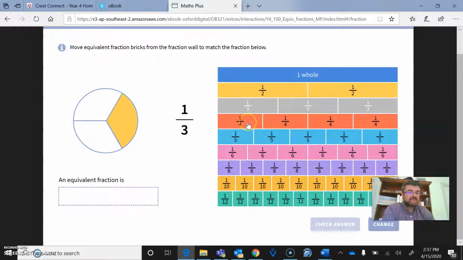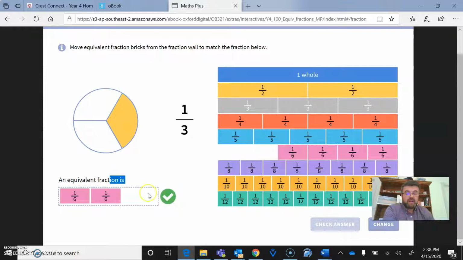So a third is actually larger than a quarter. And a third is actually larger than 1/5, but not as large as 2/5. So if I keep going down, the first thing I'm going to notice is, aha, look at that. Actually, 2/6 is the equivalent of 1/3. Let me check my answer. Is that correct? Yes, it is.